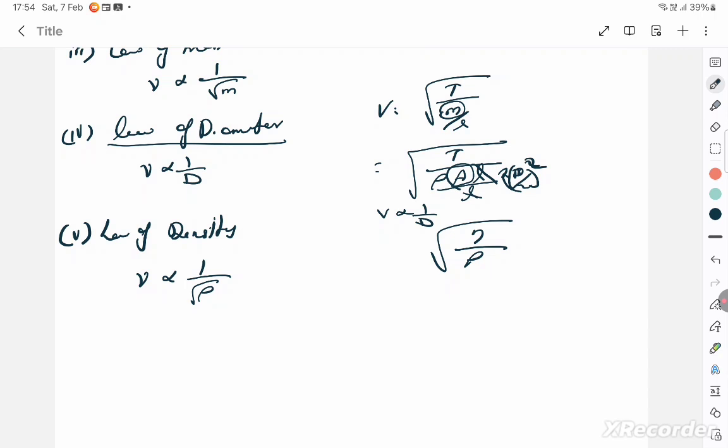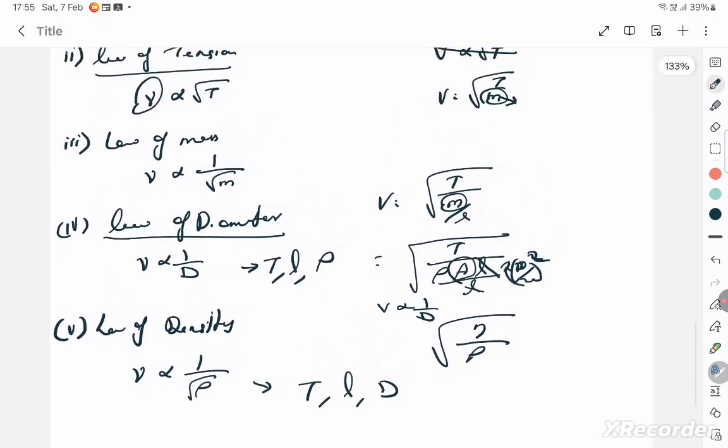They are not saying mass per unit length because density already has mass. In this, what are the constants? Tension, length and diameter remain the same. For diameter, tension, length and density remain the same.